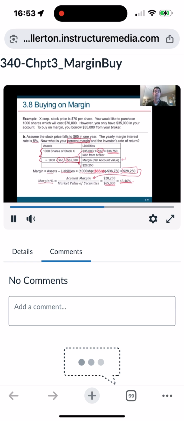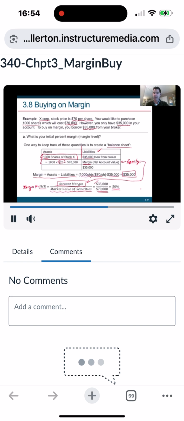So now my margin percent is 43.46%. So that was the first thing it asked for. The second thing it asked for was, what was the investor's rate of return? How do I calculate that? When I think about rate of return, I think about my net account value and how that has changed over time. So my net account value, let's go back to part A.